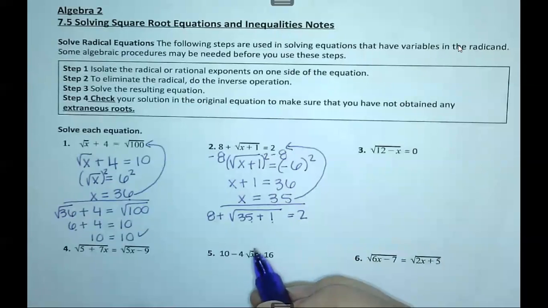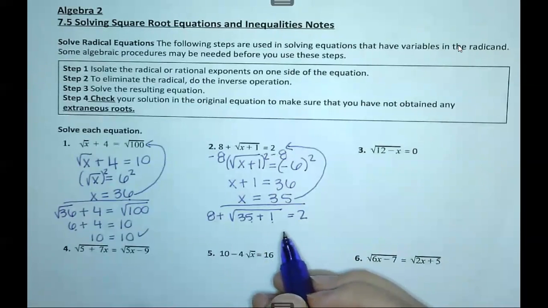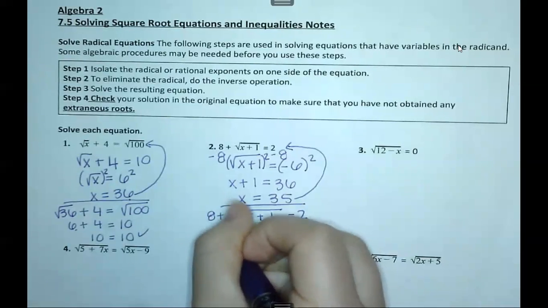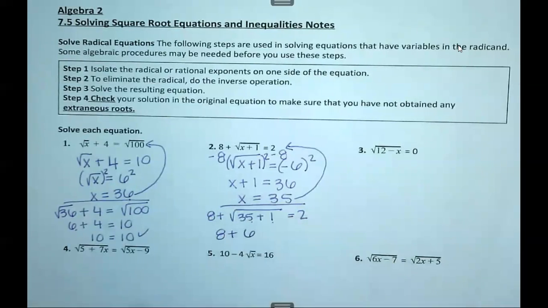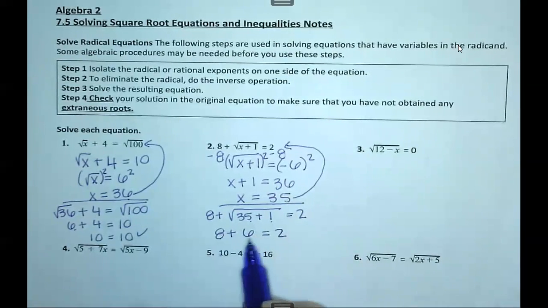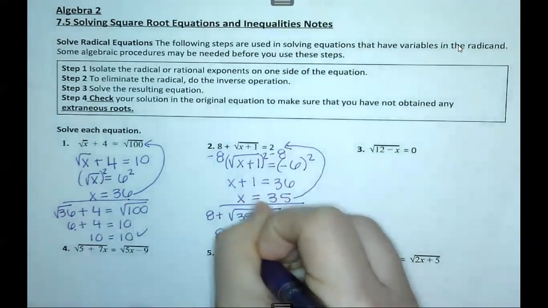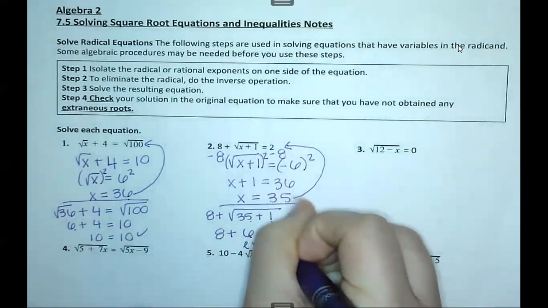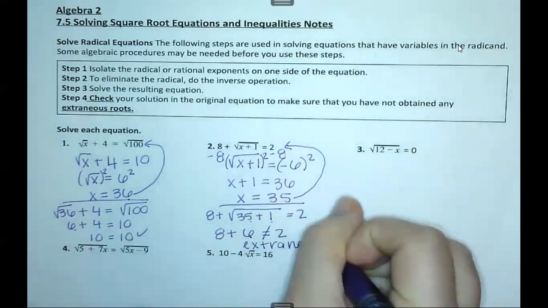So I have the square root of 36. Well, we know the square root of 36 is just 6. So this just becomes 8 plus 6 equals 2. Well, 8 plus 6 is 14, which does not equal 2. So this one would be an extraneous root or solution.